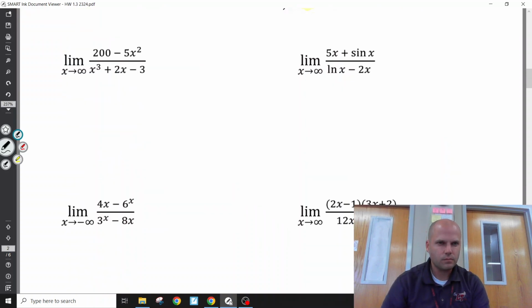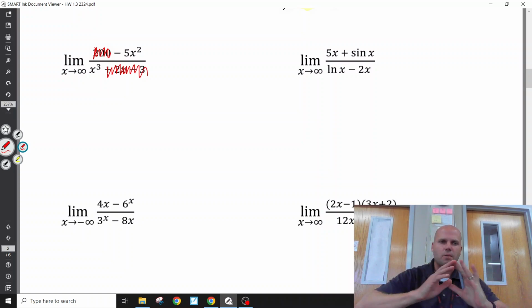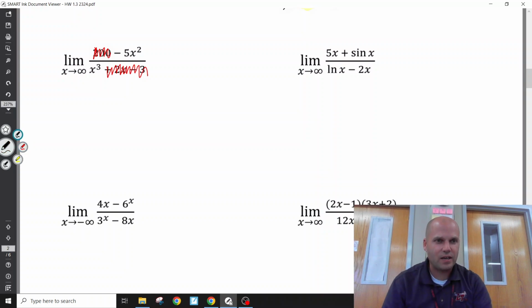The 200, insignificant. Get rid of it. Don't pay attention to it. The 2x is infinity, insignificant compared to x cubed. I have negative 5x squared over x cubed.